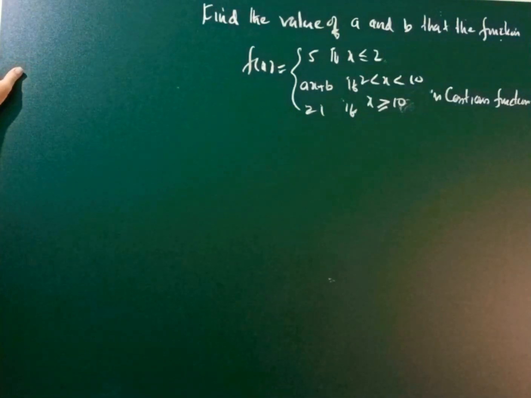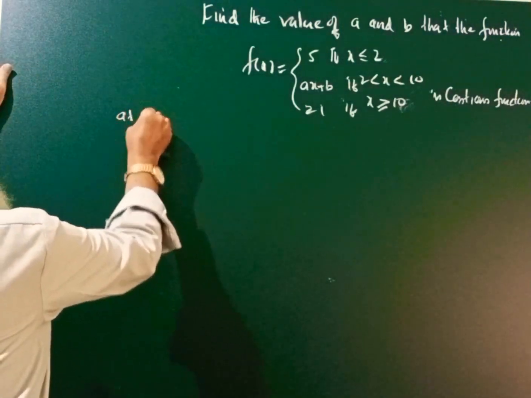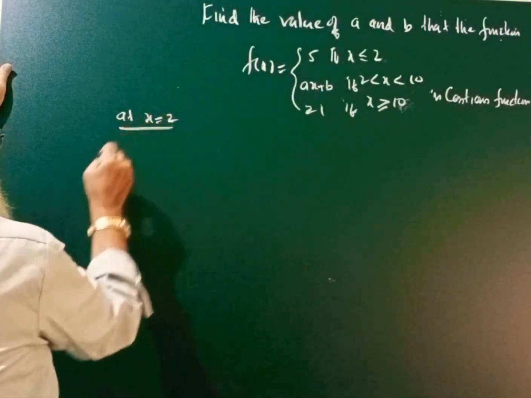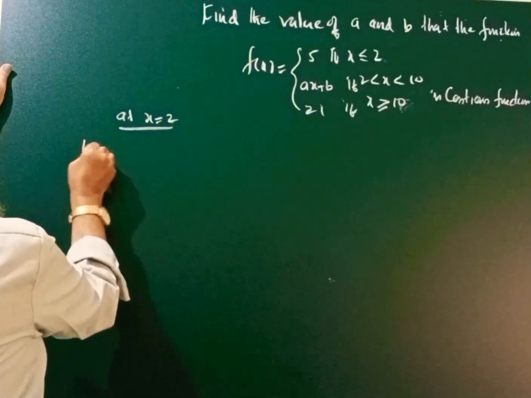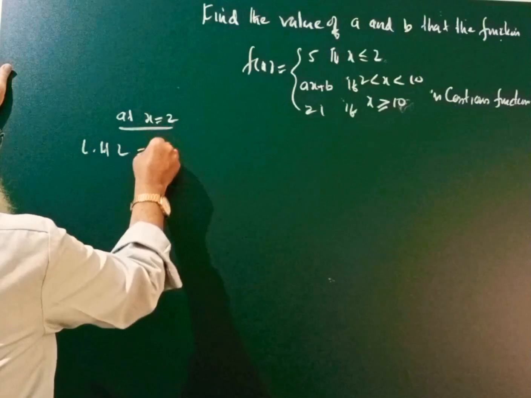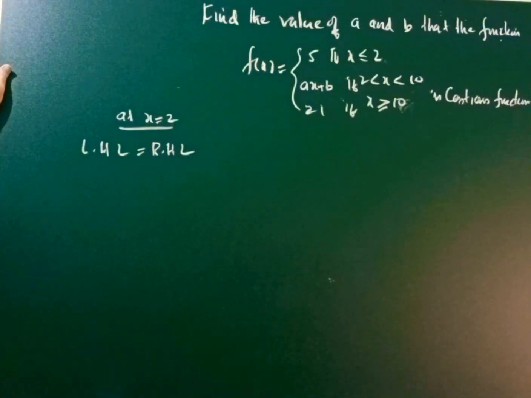So here, first let us check at x is equal to 2. Left hand limit is equal to right hand limit because the function is considered to be continuous.